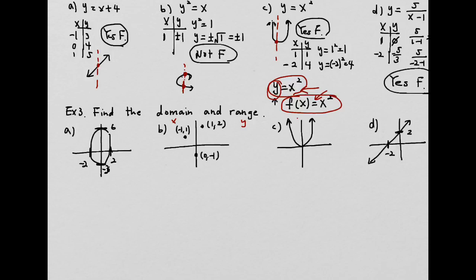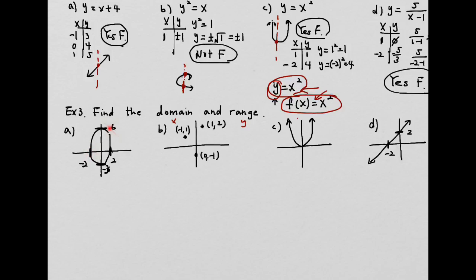So when we're looking at the first graph, its shape looked like this, right? And the top value is 6. So the circle does not go over 6 or go under negative 3, and does not pass 2 or negative 2 on x, right?